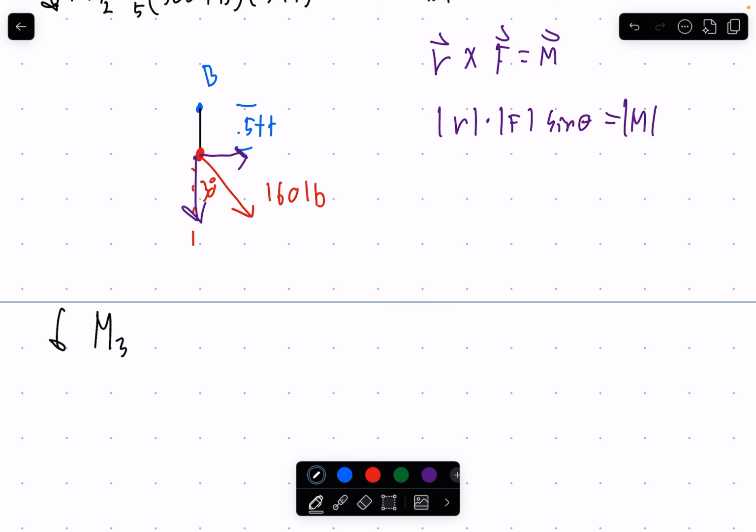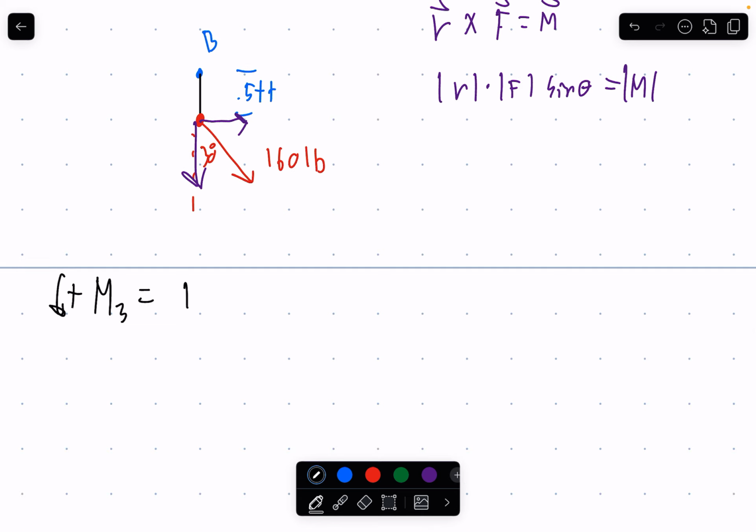Moment 3, counterclockwise is positive right here. We know the force is going to be 160 pounds. It's going to be a positive moment using the right-hand rule. And to find the horizontal component of this force, we're going to use sine of 30 degrees. Even though we're looking for the horizontal component of the force, it's going to be sine based on where the angle is in reference to.